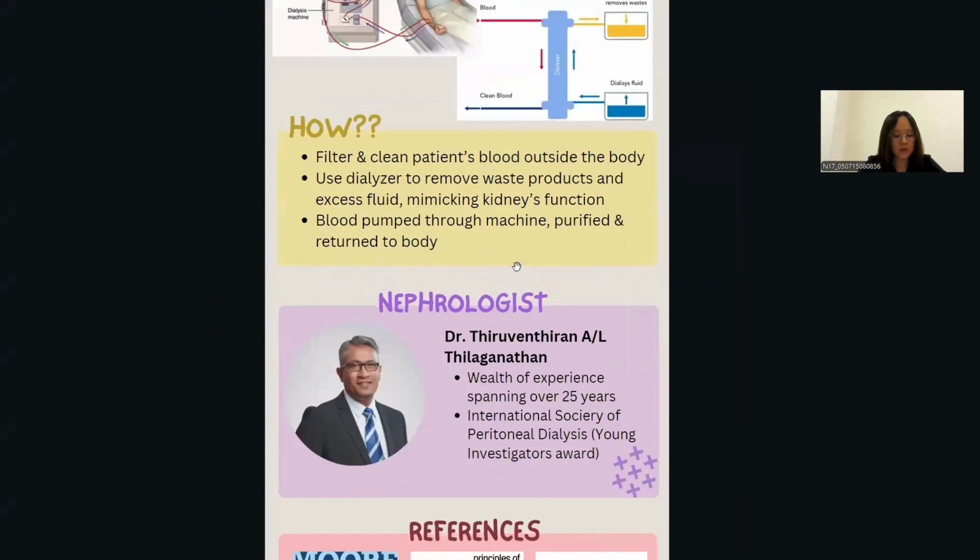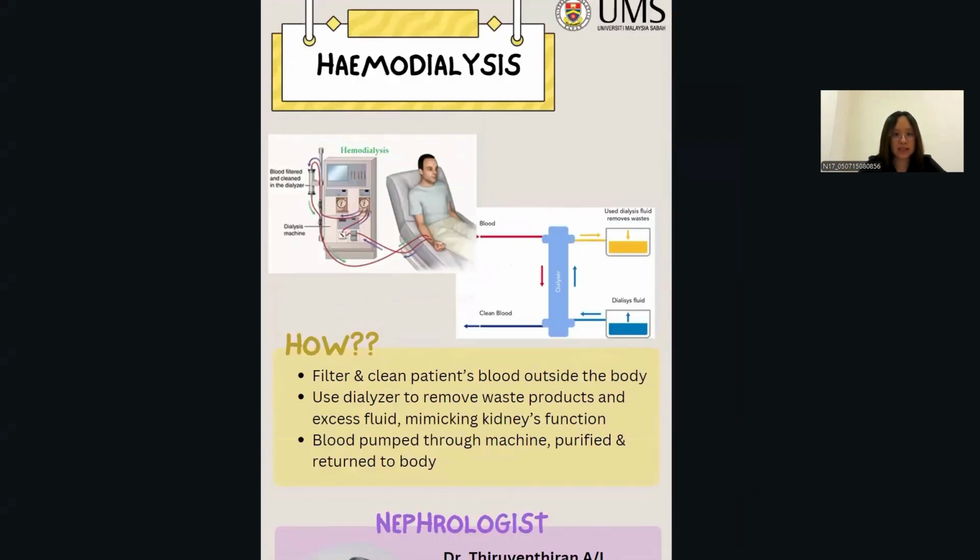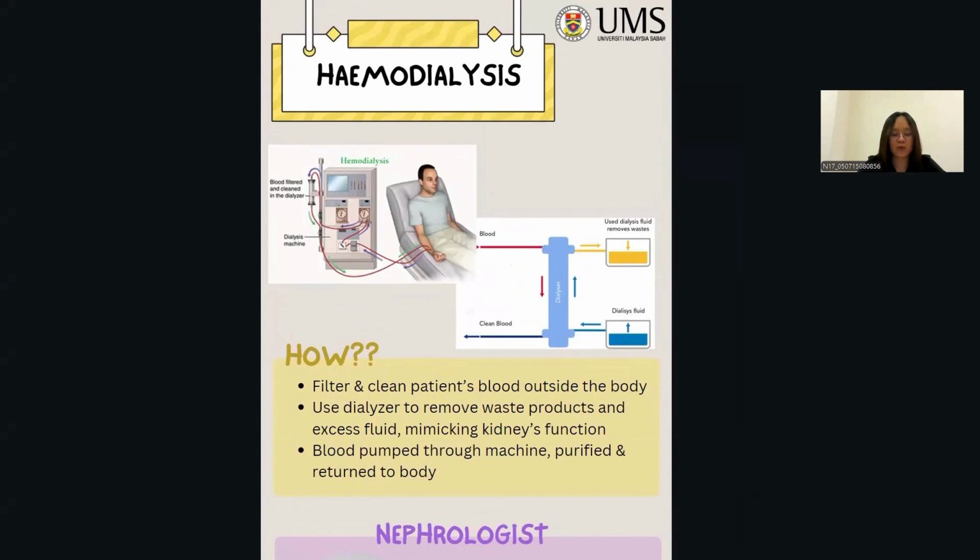And now I'll explain in detail for the dialysis part. So it's actually hemodialysis, meaning that we will filter and clean the patient's blood. Alright, so how does hemodialysis actually work?